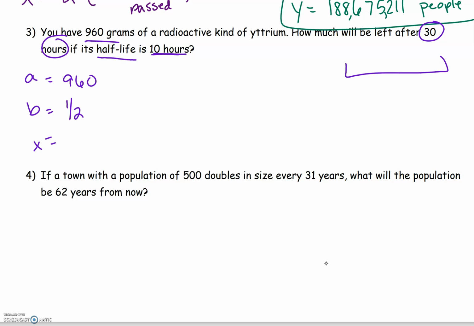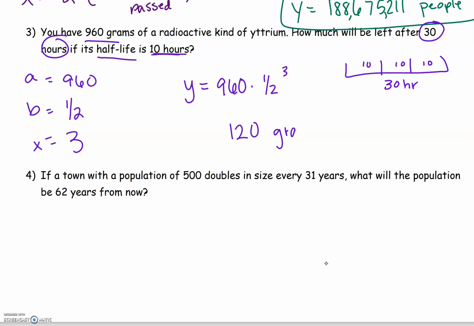So in a 30-hour period, how many 10-hour increments would we have? 10, 10, 10. So 3 10-hour increments. So we are going to use 3 for the x. 960 times 1/2 to the third power, and type that into our calculator to get our answer, 120 grams.